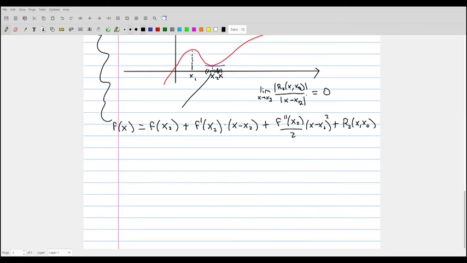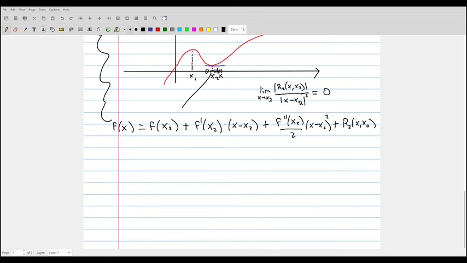It's x minus x2 squared because we went out to the quadratic term. The main idea is that this remainder term goes to 0 very, very fast, faster than quadratic in terms of the distance between x and x2, as that distance gets smaller and smaller.